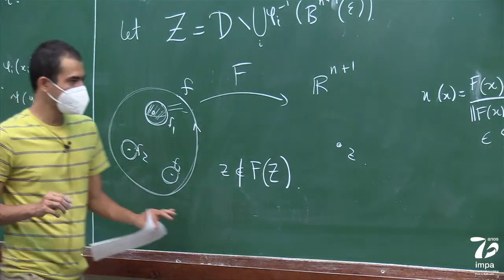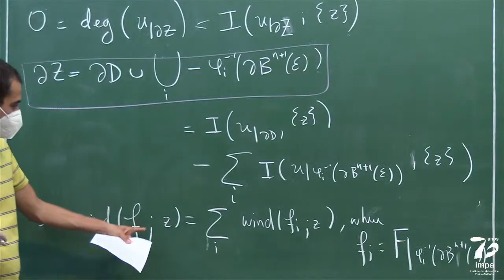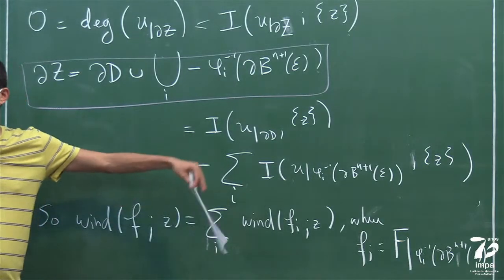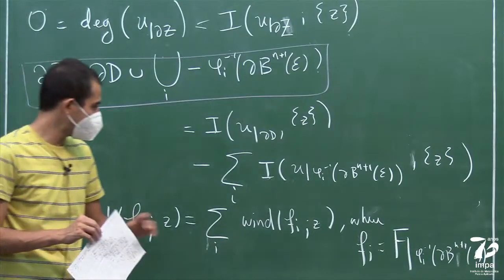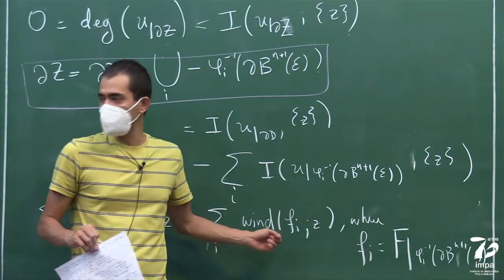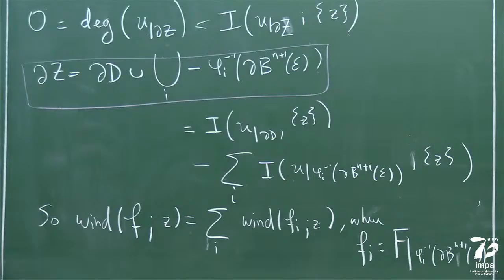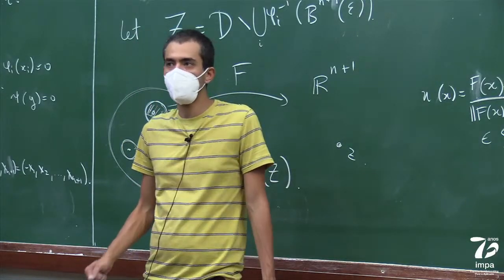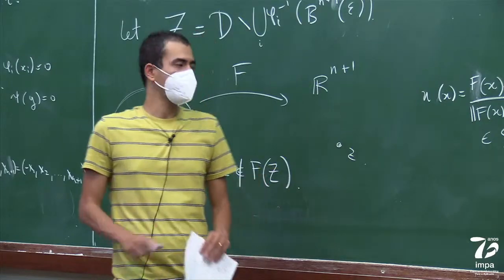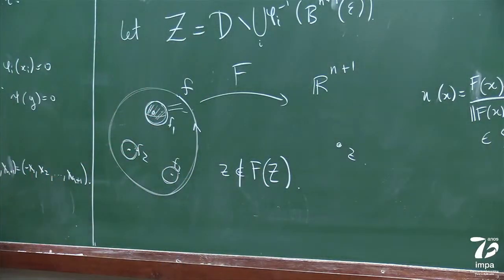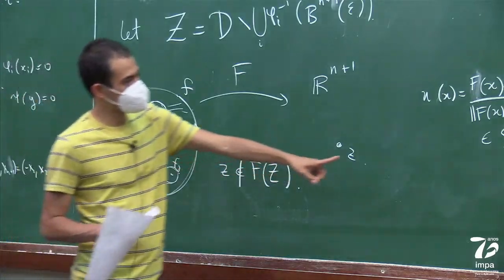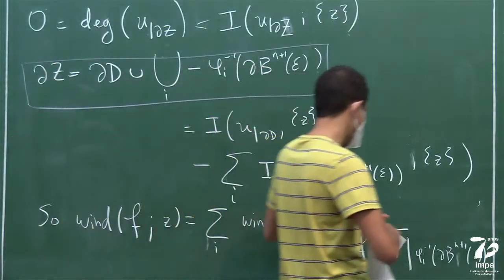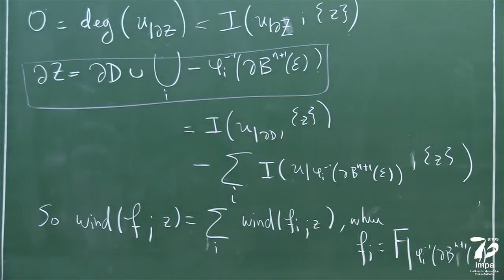And the nice thing is, I exchange the winding number of f, some function on some kind of big thing, for a sum of winding numbers of functions that extend to local diffeomorphisms. So now I can do the calculation by hand in these little neighborhoods, in these little balls. Okay, so now it remains to compute the winding number of these Fi's, but that's actually a straightforward calculation.